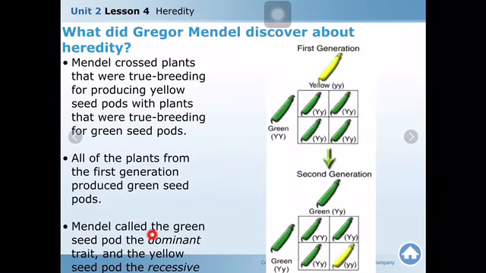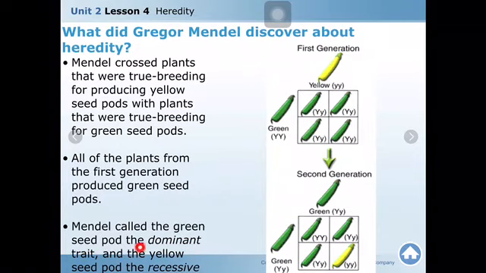Mendel called the green seed pod the dominant trait, and the yellow seed pod the recessive one. You see, new terms. What is dominant? What is recessive? Look, whatever is expressed in the generation in high amount is called the dominant gene, the dominant trait.